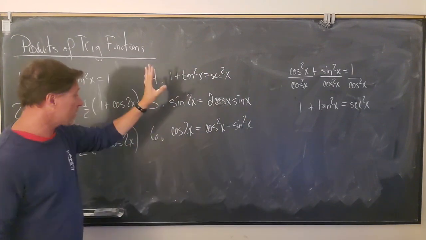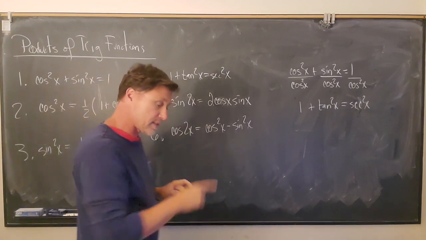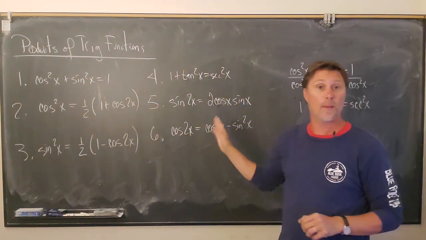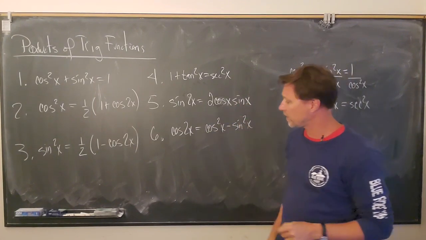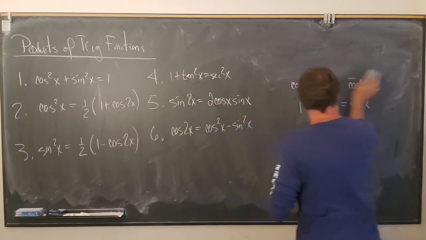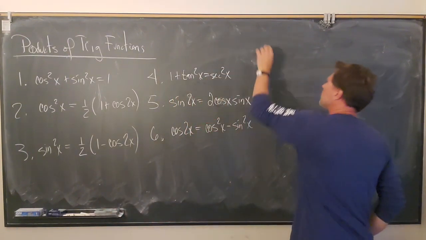Right? So these 6 identities we're going to need for this section, for the next section, and anytime products of trig functions and their integrals come up throughout calculus, you're going to need these identities. So let's see how or why we need these identities when it comes to integration. And so we're just going to work through examples now.